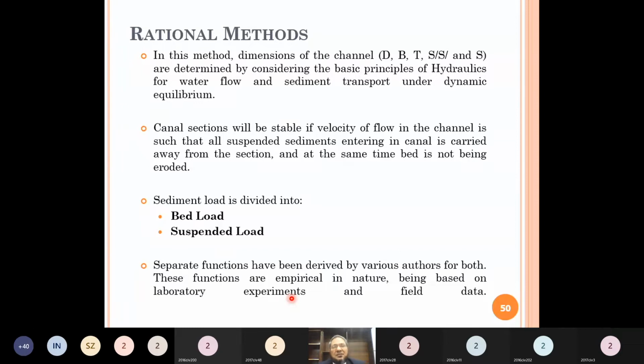Several experiments were carried out in the labs, and from those data these equations were developed, and also some field data wherever it was available. So that was also used to derive these equations for the bed load and for suspended load. And I think in the subject of hydraulic engineering in 7th term, we have discussed a few equations. All right.